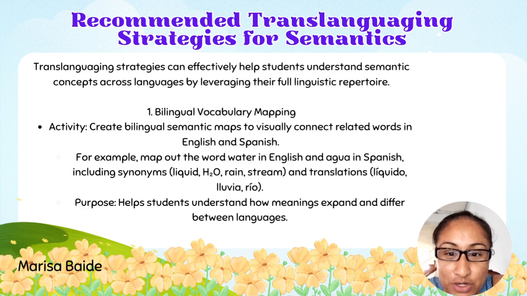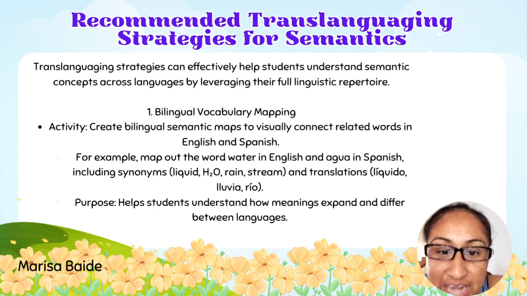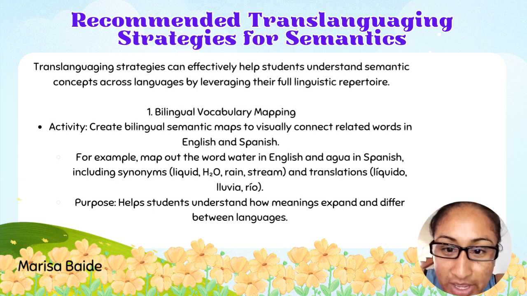We can use that in our classrooms, right? An activity that we can use in addressing this one would be to create bilingual semantic maps to visually connect related words in English and Spanish. For example, map out the word water in English and agua in Spanish, including synonyms. You include synonyms there, right?